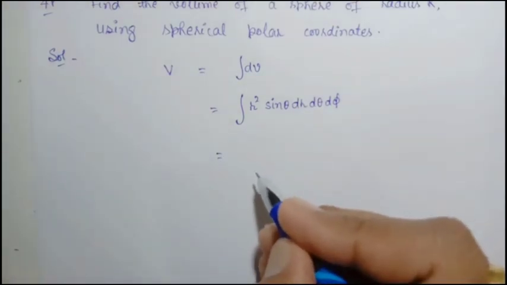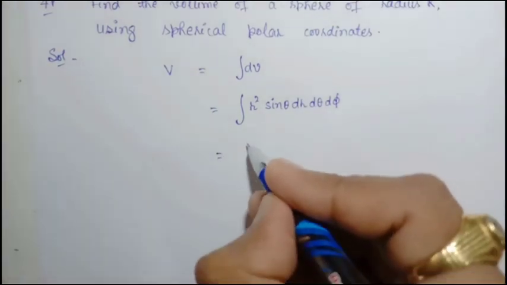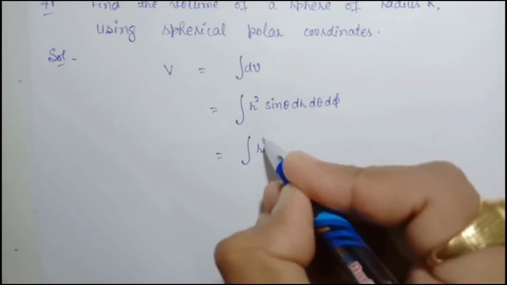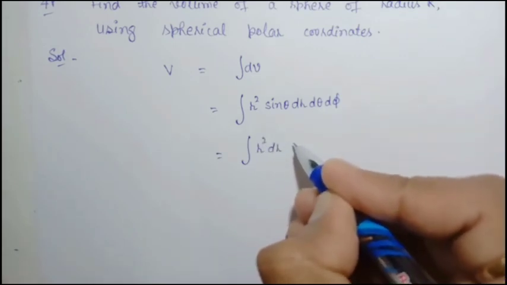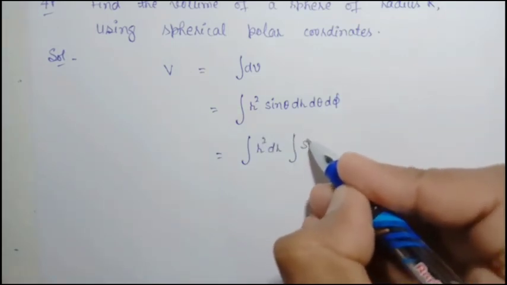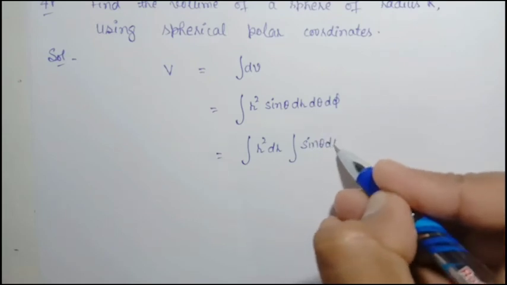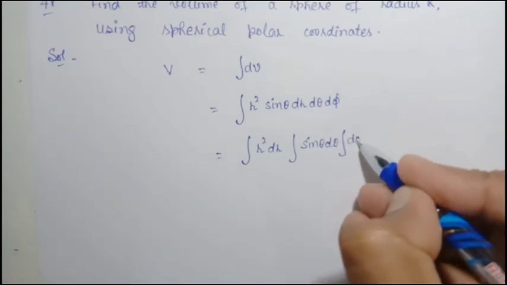So here we have spherical coordinates, so we can write the integral of r square dr, then sine theta d theta, and here we have d phi.